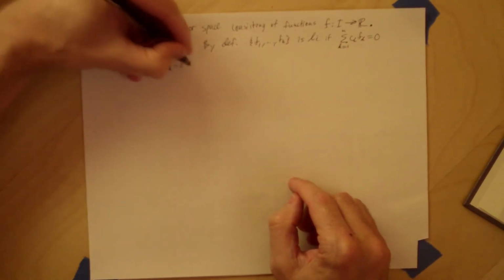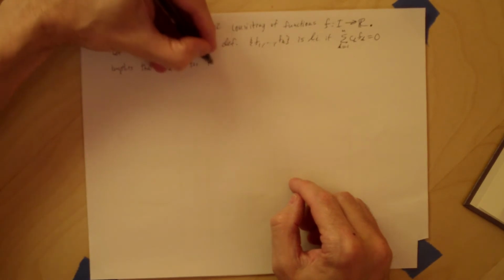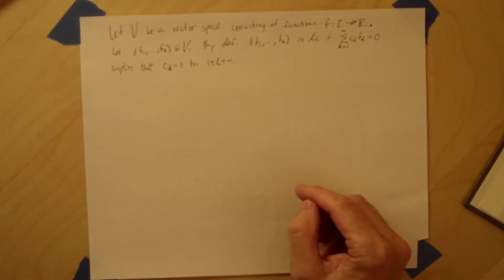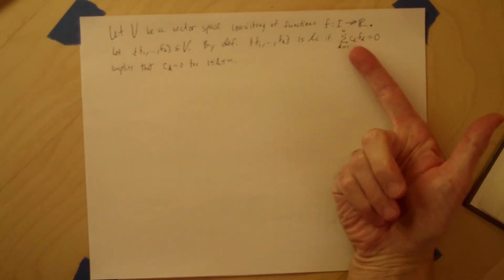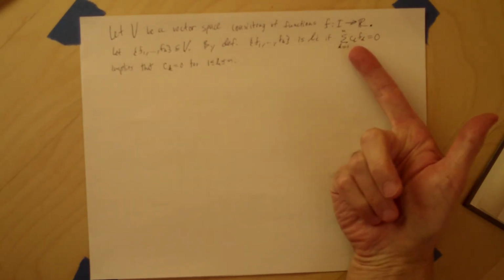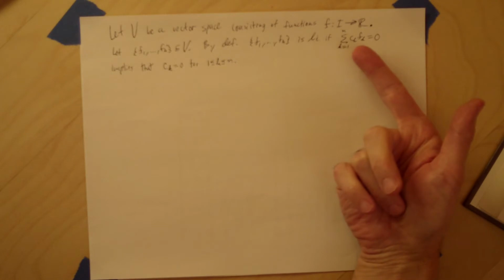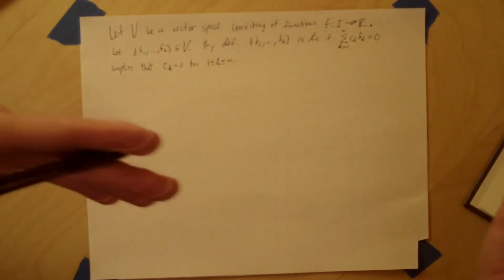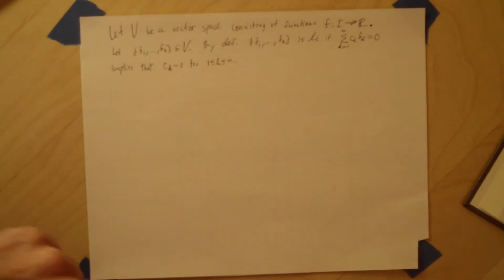Ck is 0 for k from 1 to n. I'm just using the summation notation here, but you could write this out in the usual expanded way: C1 times F1 plus dot dot dot Cn times Fn, and that's equal to 0.